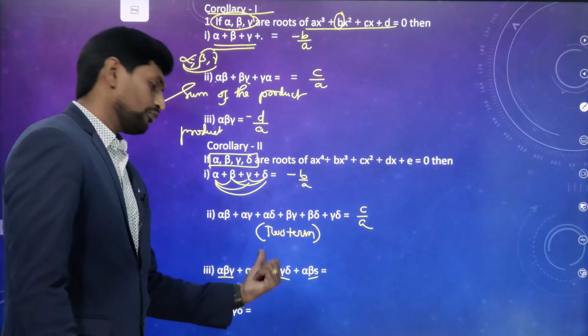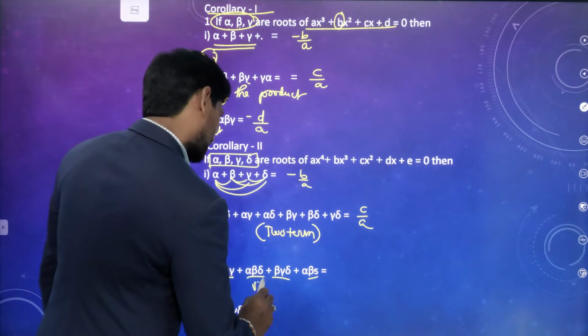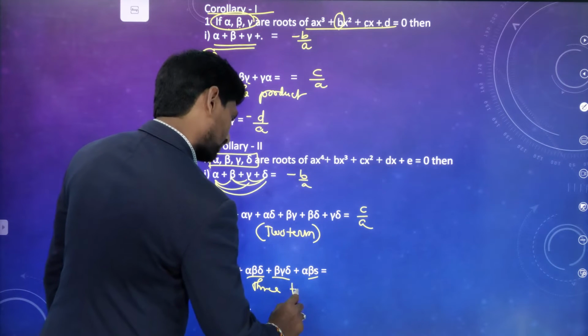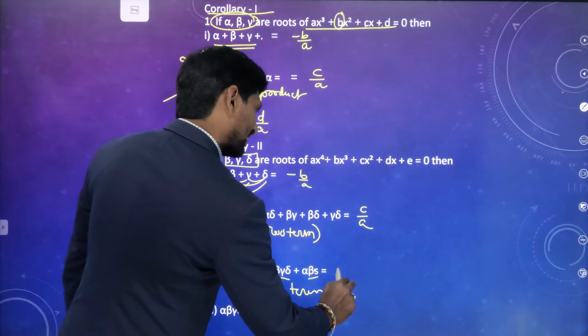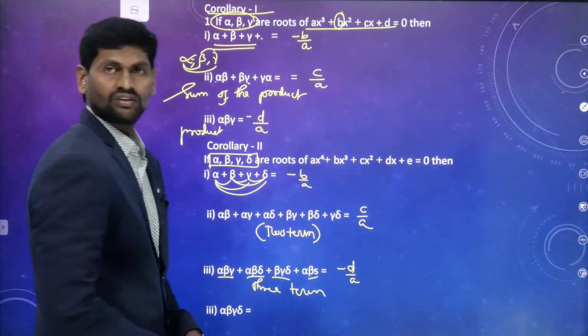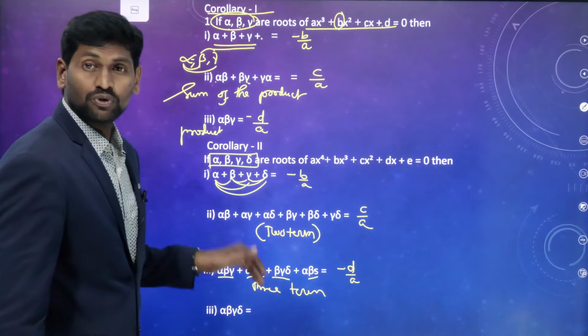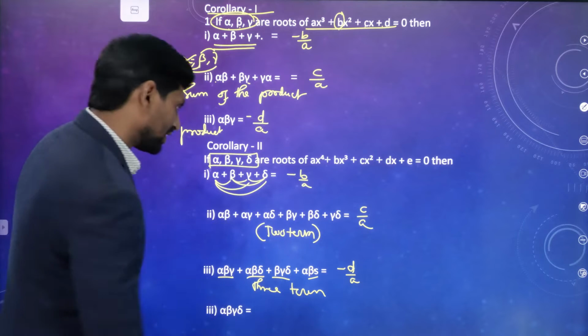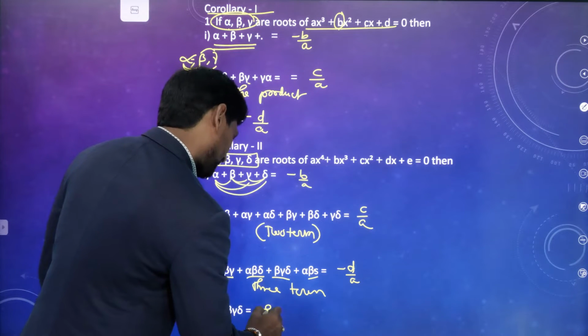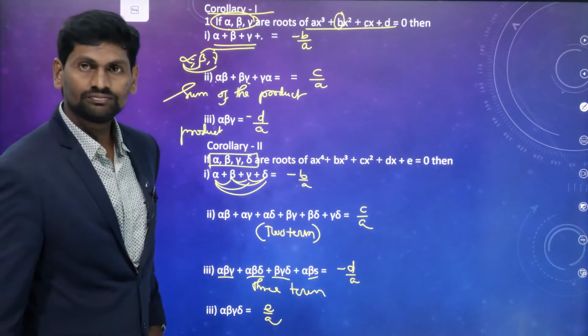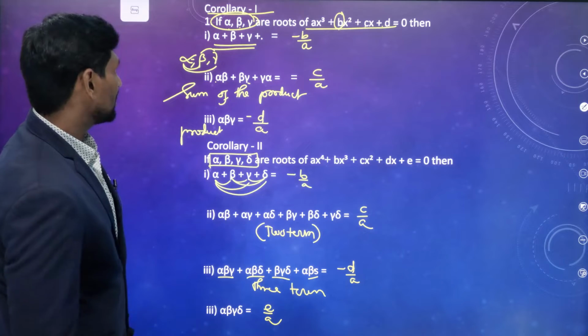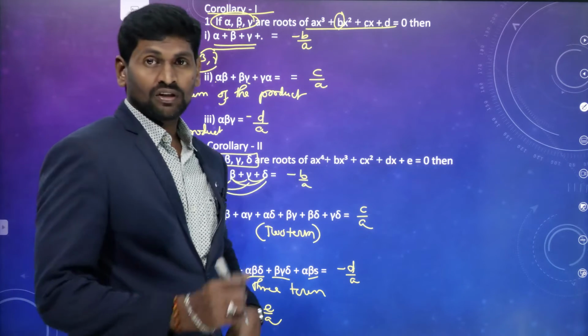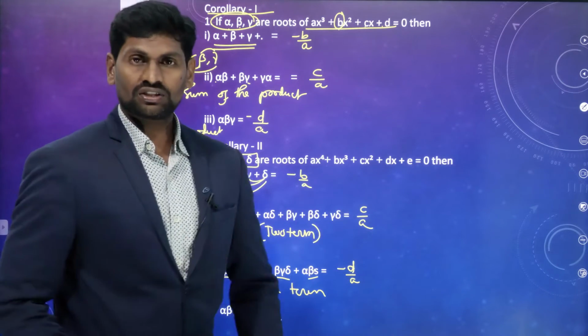Like this we have 4 terms using 3 roots each. That is minus d by a. And the last one, the product of roots, alpha into beta into gamma into delta, is e by a. So this is the relation between coefficients and roots.